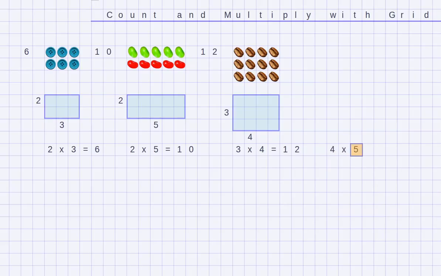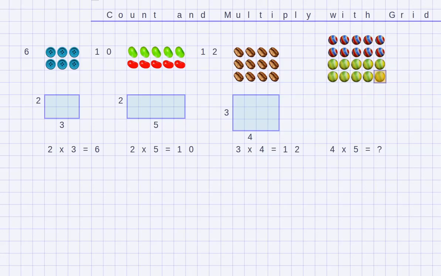Here's another one. What's 4 times 5? So okay, it's 1 row of 5, 2 rows of 5. This time we're using marbles, with different color marbles for the second group. We have 2 rows of these marbles and 2 rows of the other marbles, so together we have 4 rows of marbles.